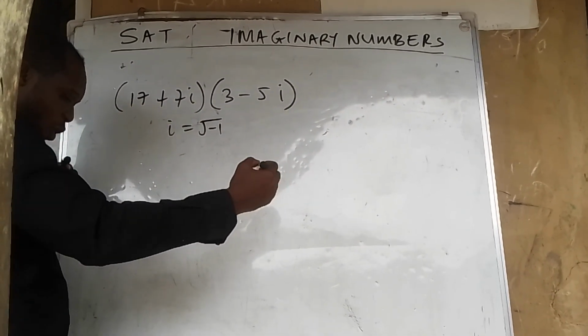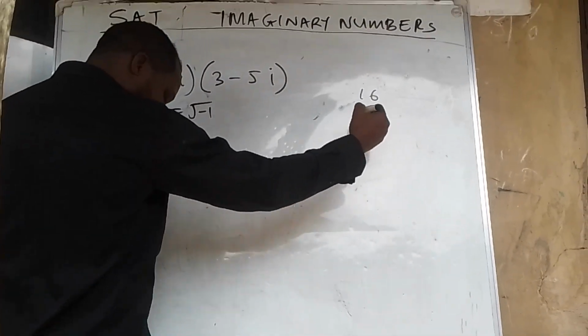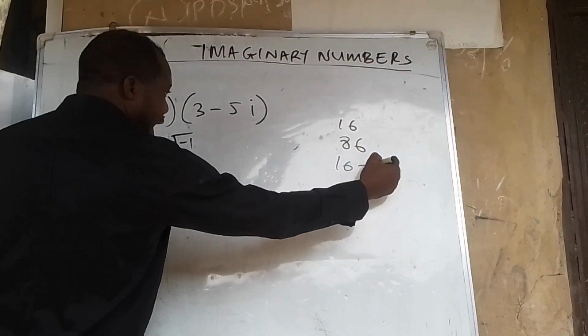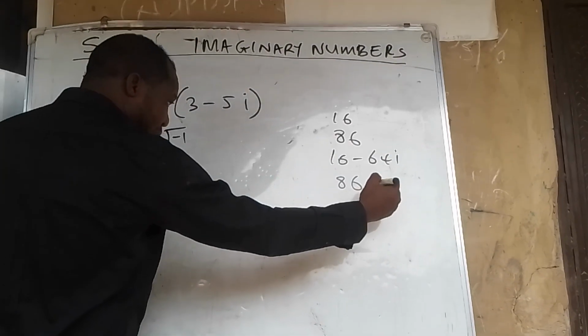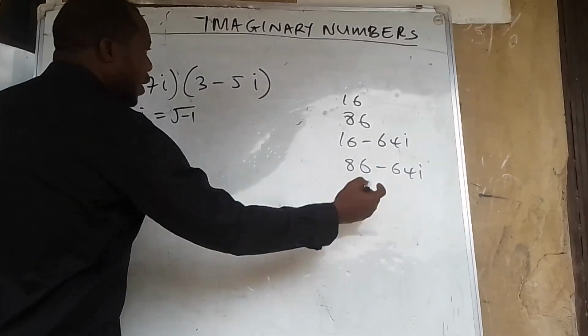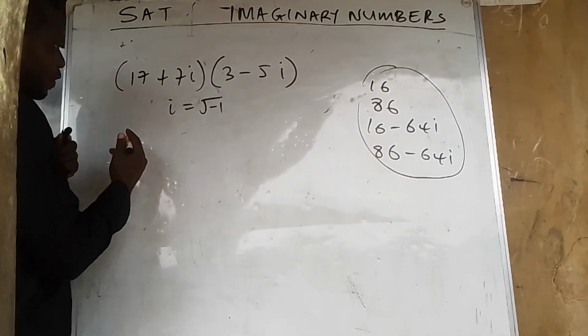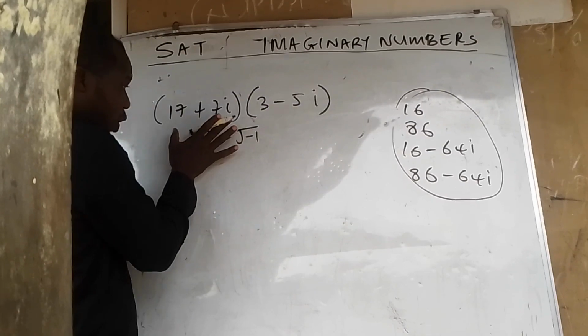Then the options given to us are 16, 86, 16 minus 64i, and lastly, 86 minus 64i. These are the options given, A, B, C, D, that each of them will be equivalent to.